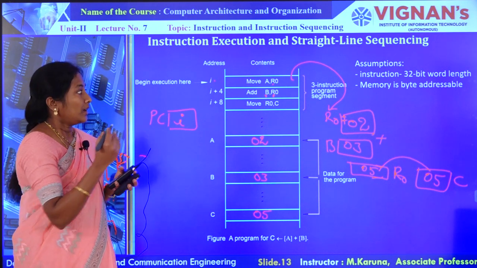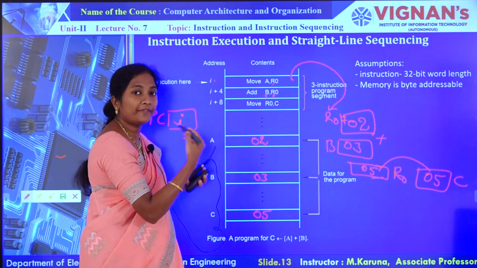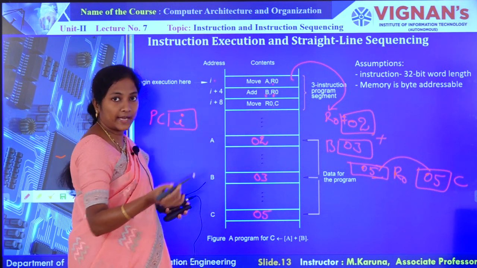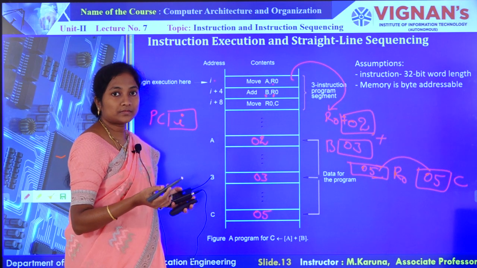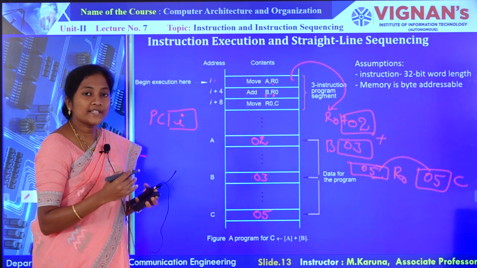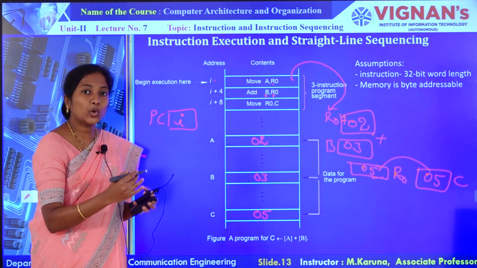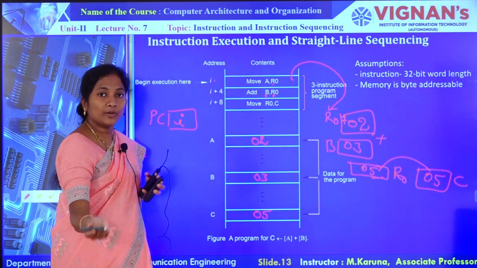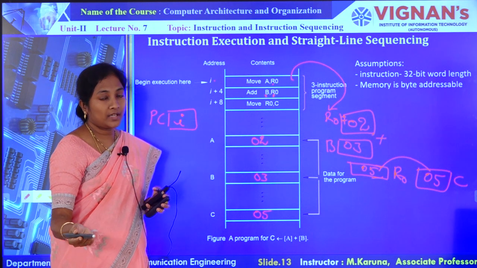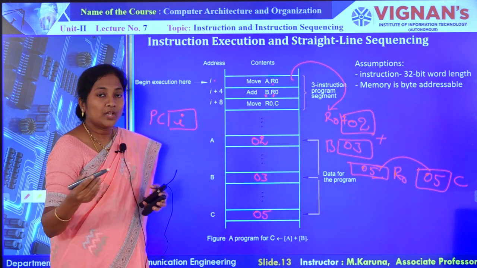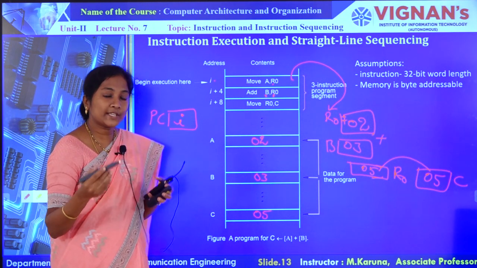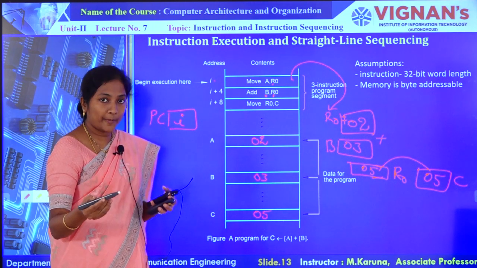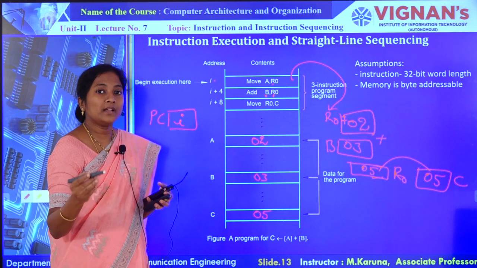Then, after fetching, the instruction code will be transferred to IR. Now, after fetching of instruction, that instruction code available at I will be transferred to instruction register for the execution. So, now processor performs the execution operation on that instruction.